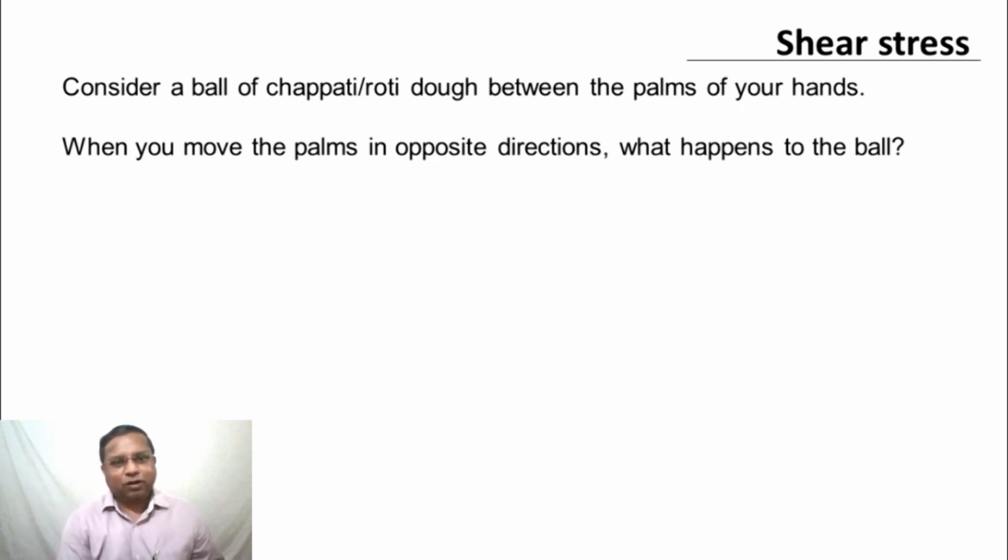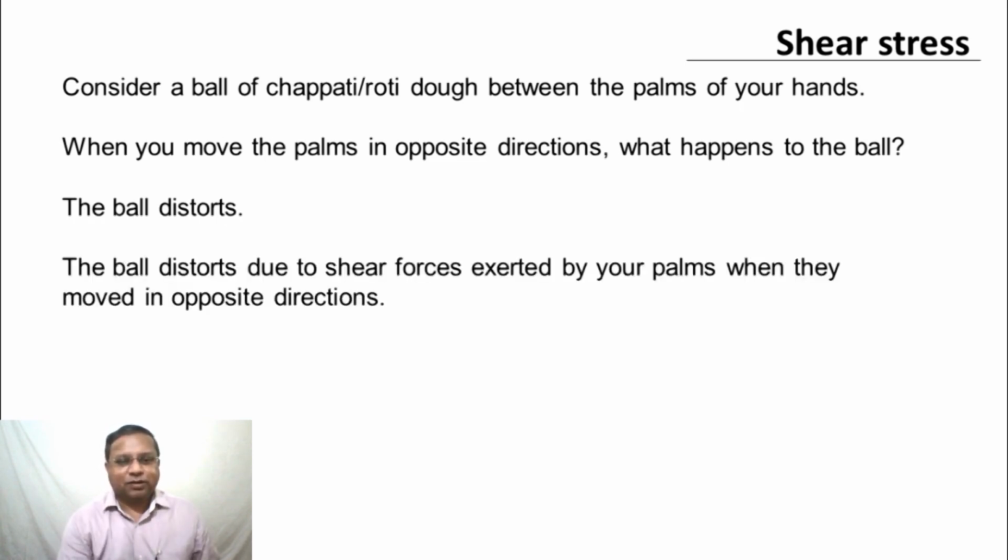The ball does get distorted. The ball distorts due to the shear forces exerted by the palms when they are moved in opposite directions. There are forces acting on the surface of the chapati dough ball which distort it, and such forces are called shear forces. They are surface forces.